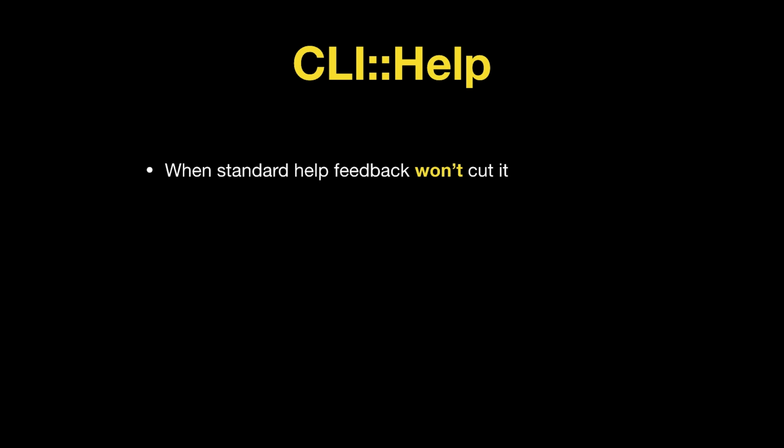And similarly, there's the CLI help. This is for when the standard help feedback that you already get with Raku basically won't cut it. This is the case when you have lots and lots of features and options in your script, which you will find in the App::Rack talk that I'm going to give tomorrow, which of course uses this module.